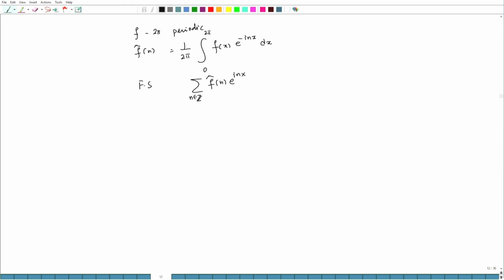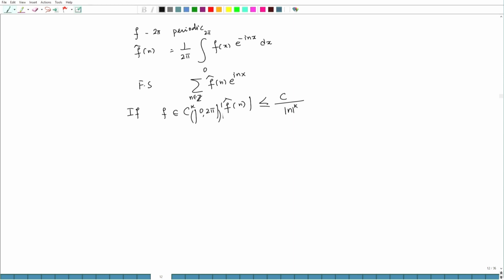But what we have seen is that if f belongs to C k, recall that C k consists of 2 pi periodic functions whose kth derivative exists and kth derivative is continuous, in that case, what we have seen is that mod f hat of n is less or equal to some constant, which may depend on f but not on n, divided by mod n to the power k.